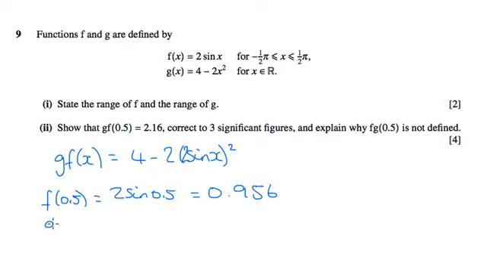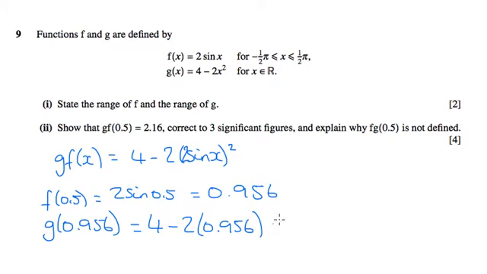And then we're going to do g of 0.956. So that's going to be 4 minus 2 lots of 0.956 squared, which comes out at 2.16, which is what we were expecting.